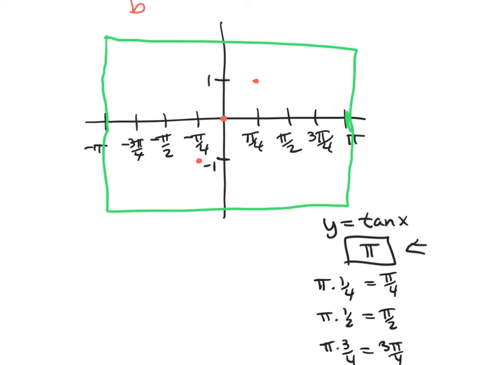So if you recall, at pi over 2, it was undefined. So this is where my vertical asymptote is going to go. Now, by drawing my box or my window around my graph, the vertical asymptote is always going to be the second point that you've labeled on your x-axis.